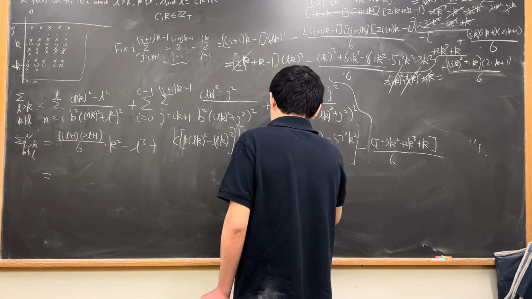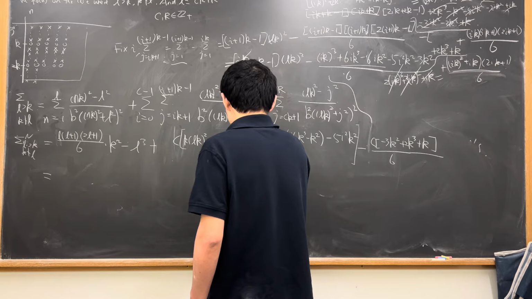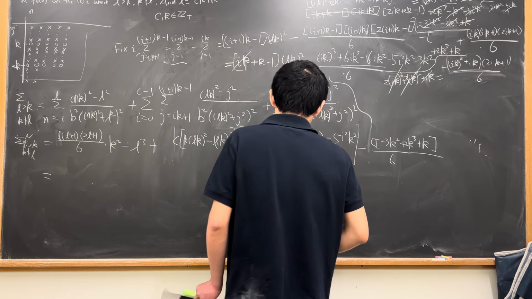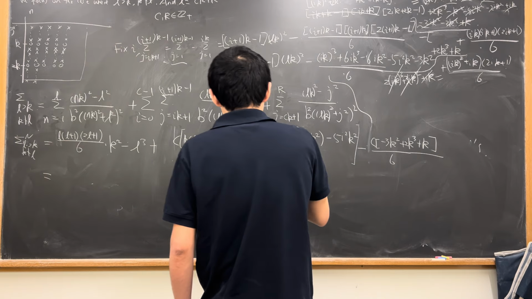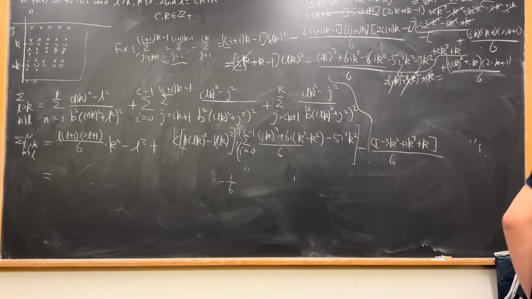This one is equal to minus 1 over 6 times this sum. So for this sum, what do we have? I think I need to use the cubic sum formula. Let me see.